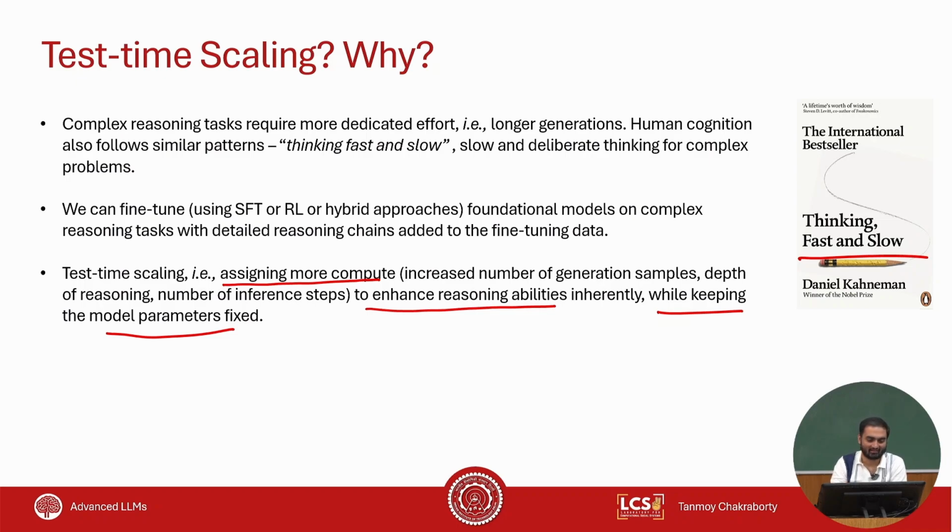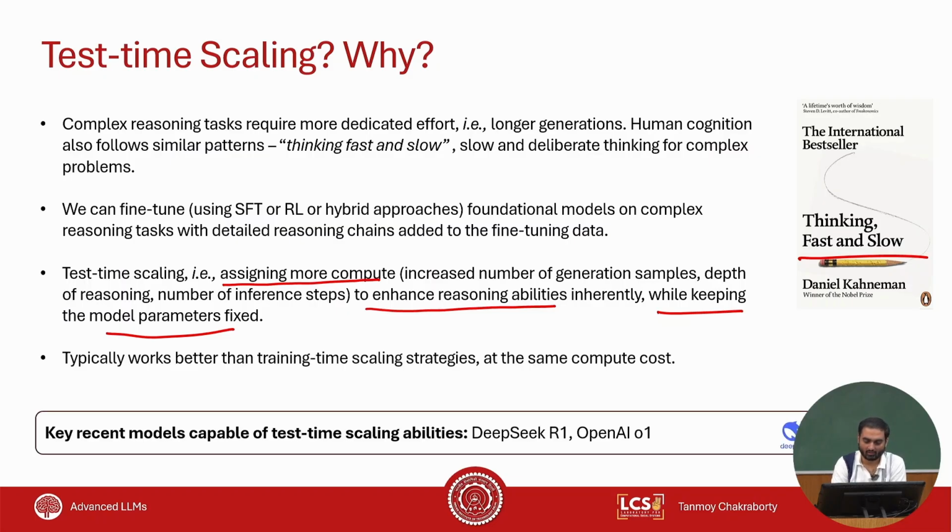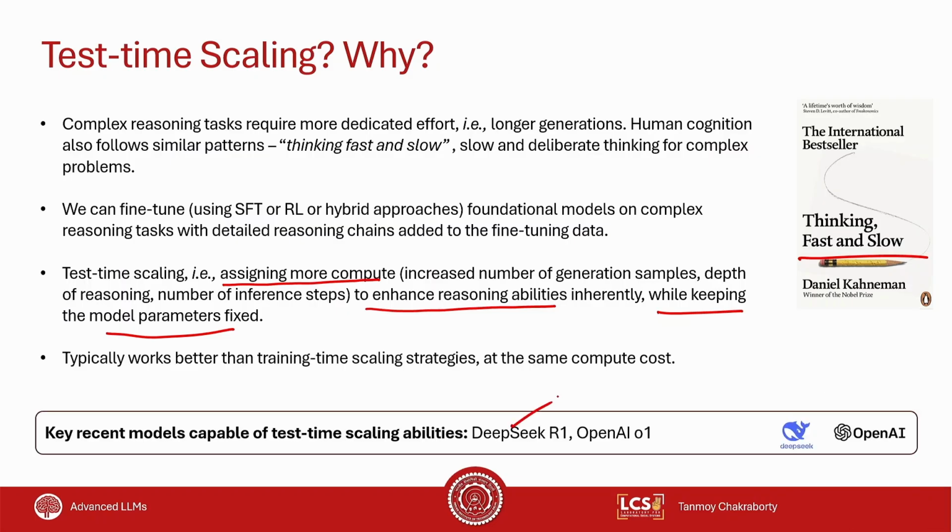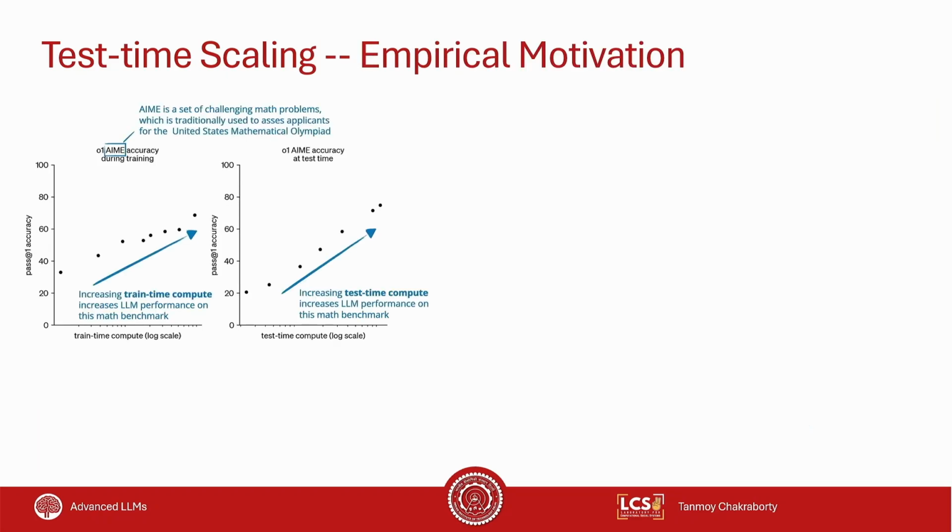So therefore these things can come under test time scaling. So recent methods like DeepSeek R1, OpenAI's O1 model, these are all reasoning models, and these models also follow test time scaling abilities, right? We'll discuss this one by one.